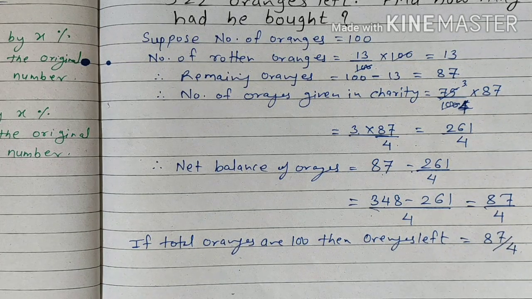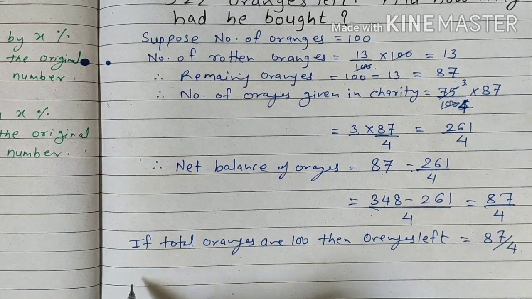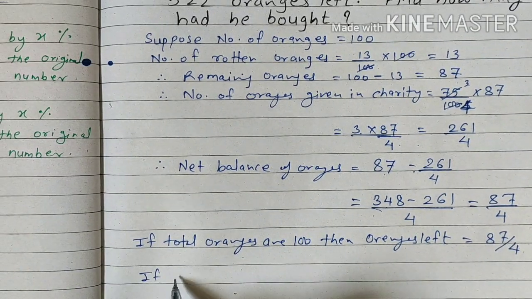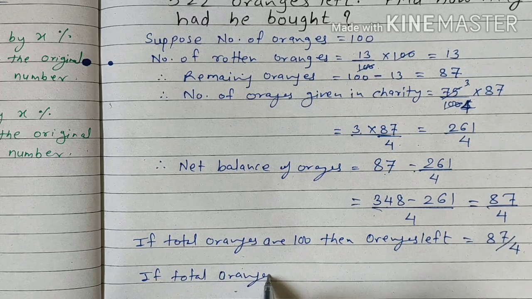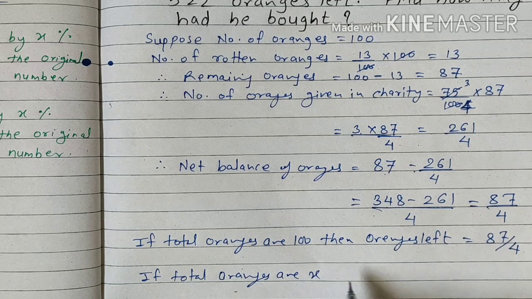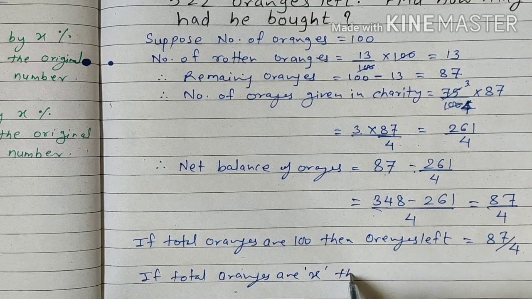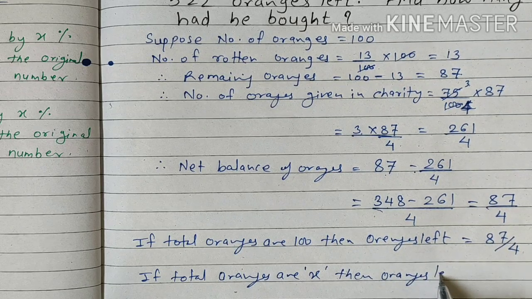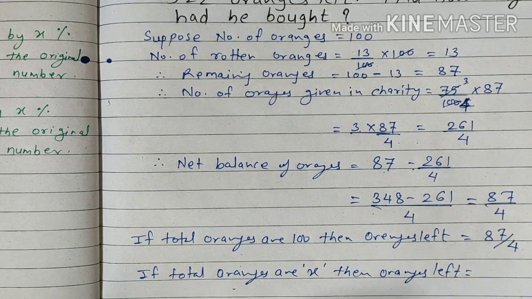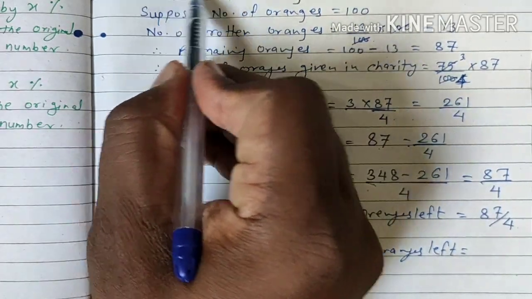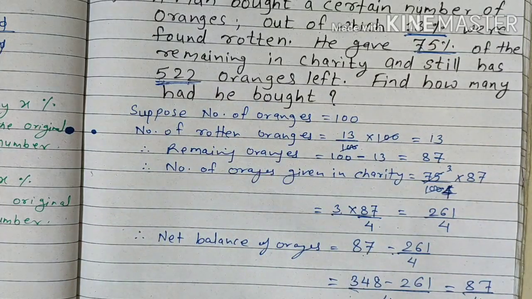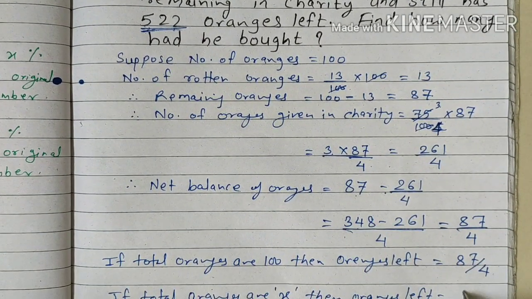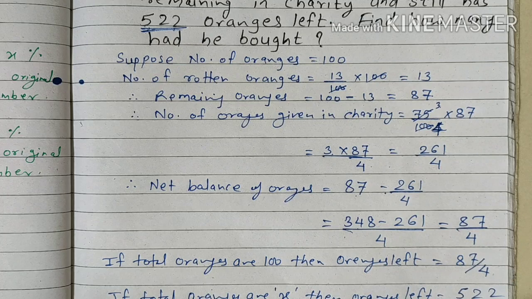Therefore, actually we don't know the total number of oranges, so therefore if total oranges are X, then oranges left will be how much? It is given in the question. It is how much? 522. Okay. So oranges left are 522.